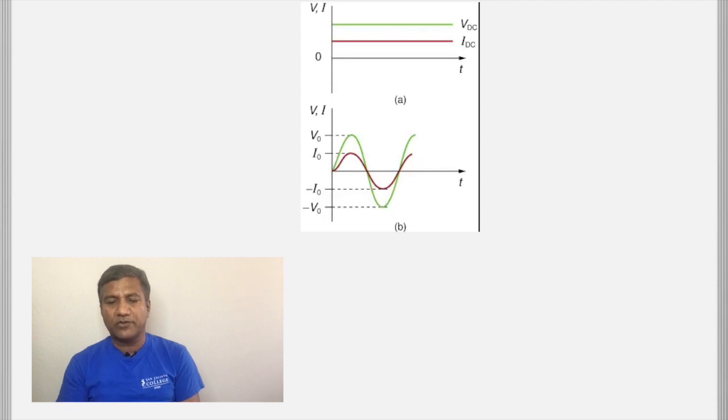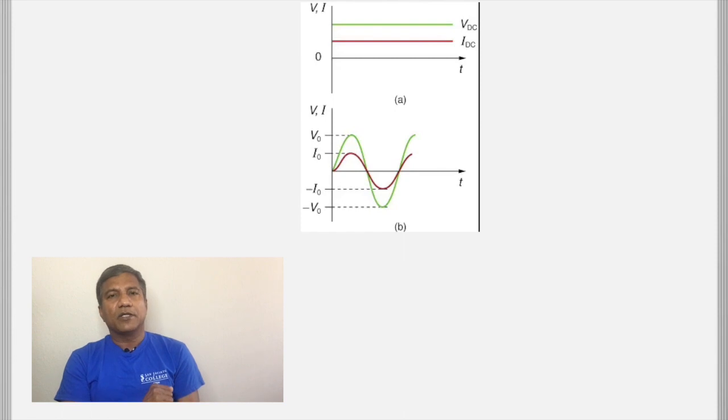This is a sine wave. It has a positive part, it has a negative part. See that? So you have the green one showing the voltage and the red one showing the current, and both fluctuate, both alternate. So when you try to study alternating currents, you see that there is a maximum value for the voltage, which is called the peak value. It's V0. Similarly, there's a maximum value for the current, which is called the peak value of current, which is I0.